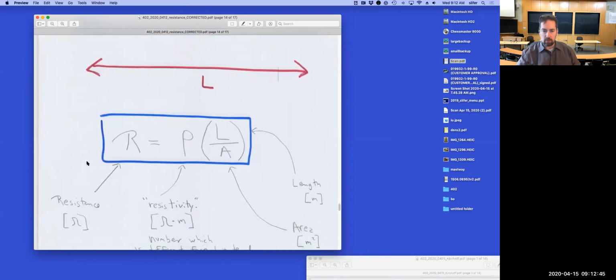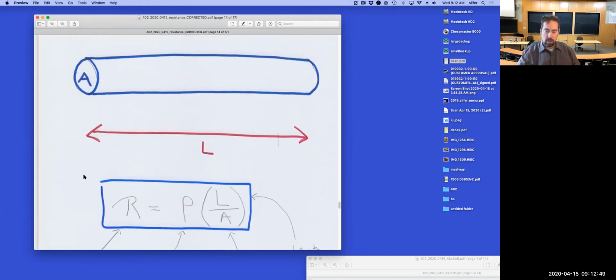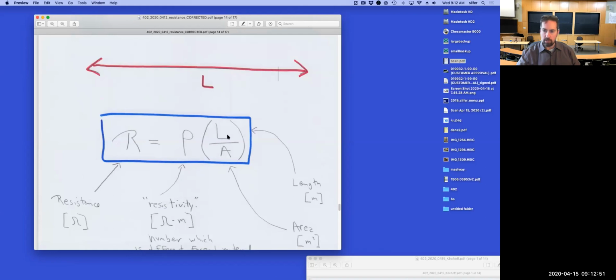And I gave you this formula to calculate the resistance of this wire based on the length, the cross-sectional area, and a property of the material that the wire is made of, which is called the resistivity. The resistivity is a different thing than the resistance.